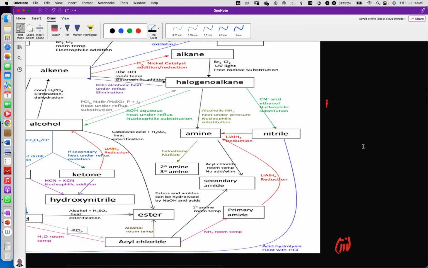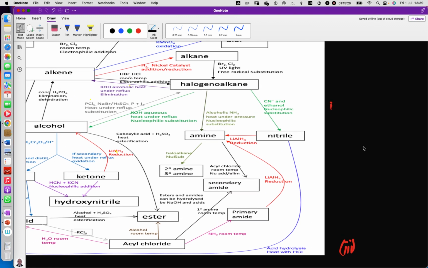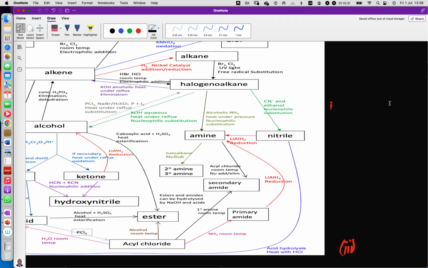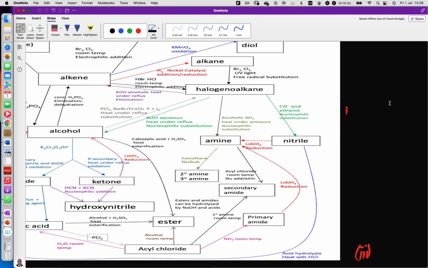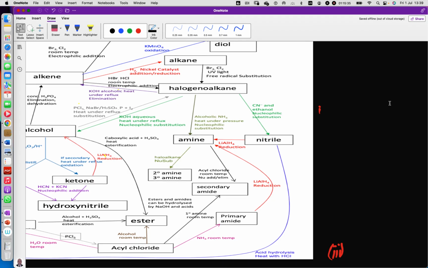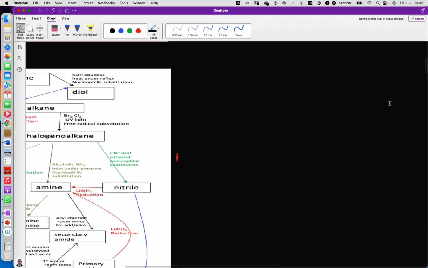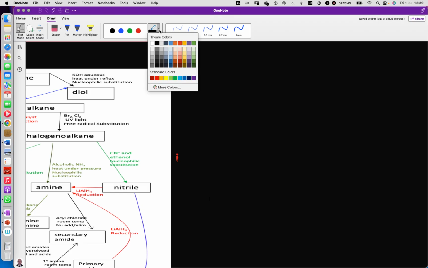Okay, aldehyde reacting with potassium cyanide, in this case hydrogen cyanide. Now, this is the reaction with aldehyde. I want to take an example of an aldehyde reacting here.